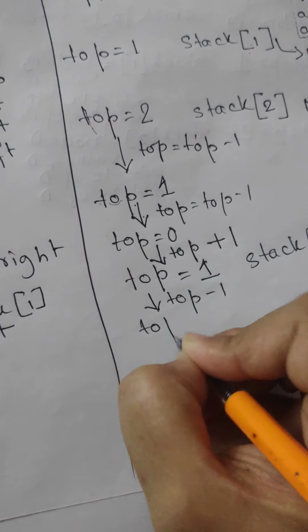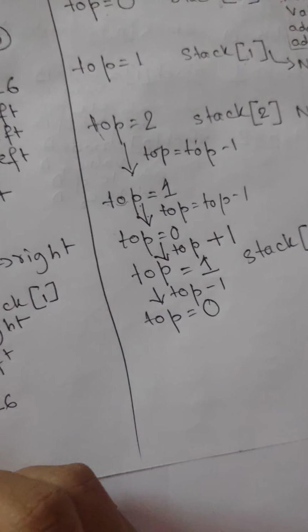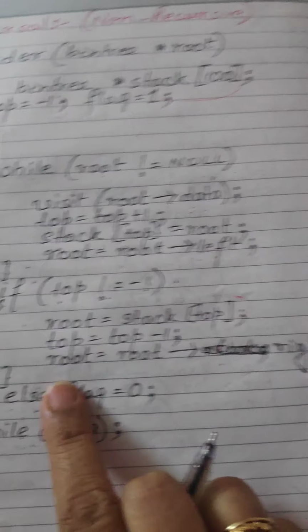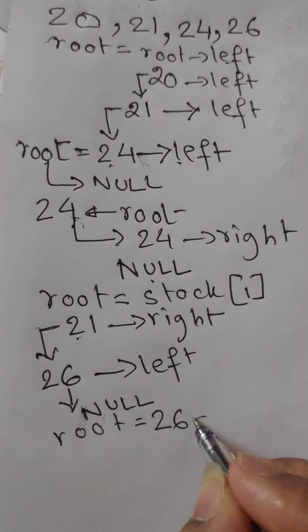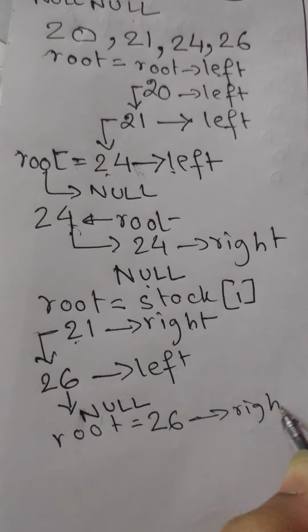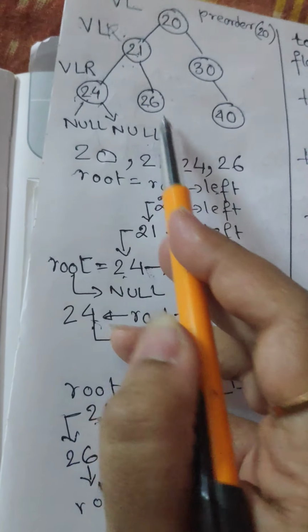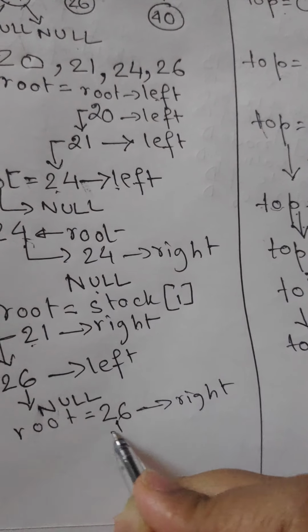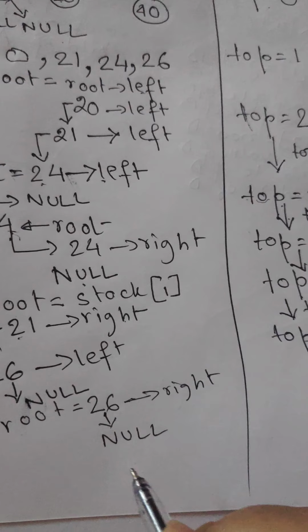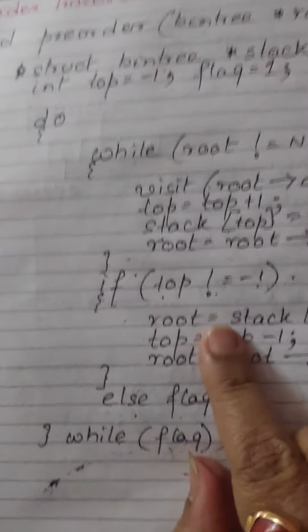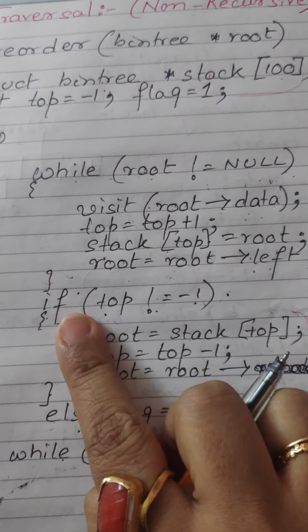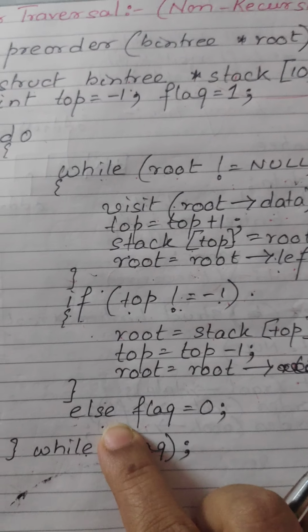So top becomes 0, right? Now root is equals to root right. So you want to go to 26 right. Now what is there on the 26 right? 26 right is nothing but null. Correct? So if condition is done, else will not be performed.